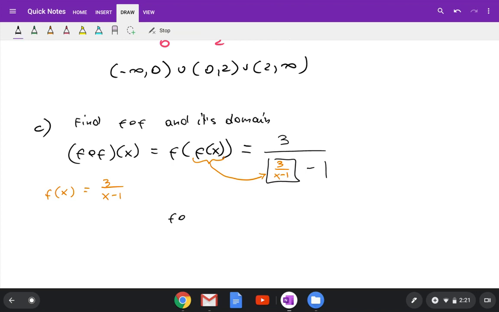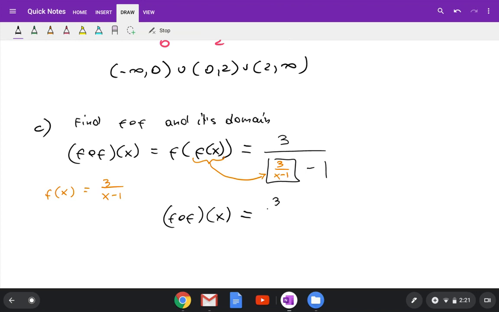So f composed with f of x equals... Okay, let's simplify that.